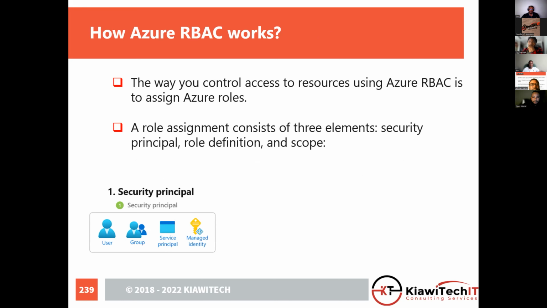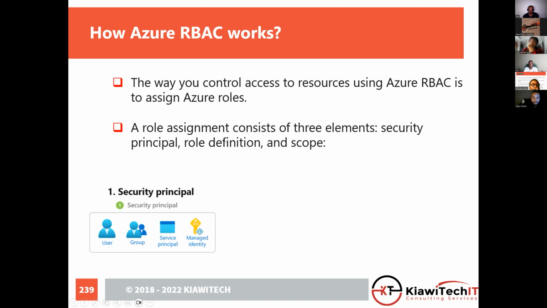access is actually provided using RBAC, which is just assigning Azure roles. Now, for you to really know how they work, you have to understand the difference between a user, a service principal, and a role definition. All right.